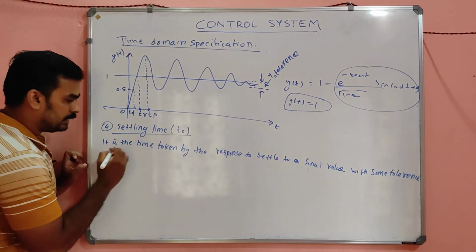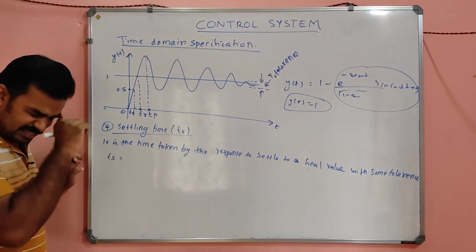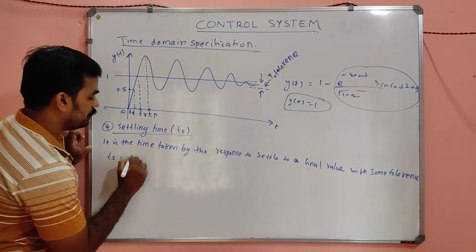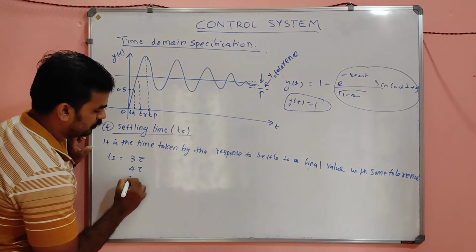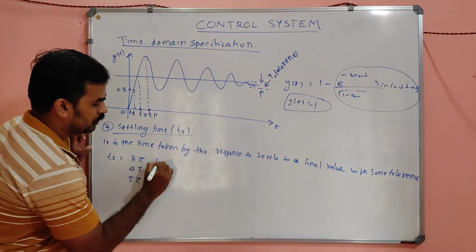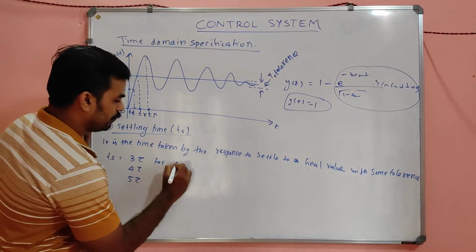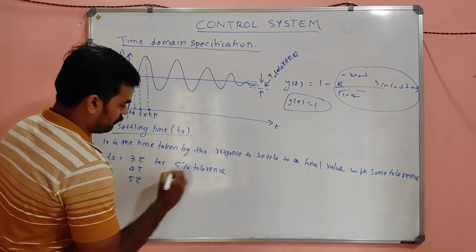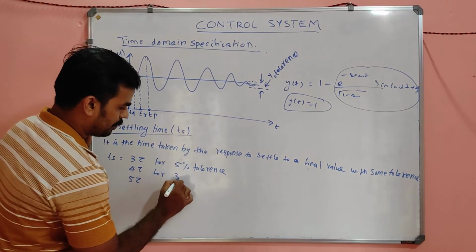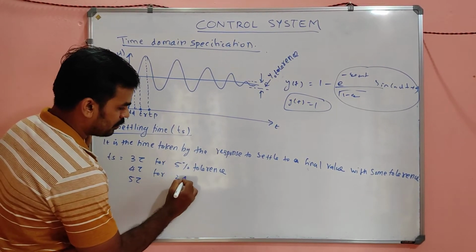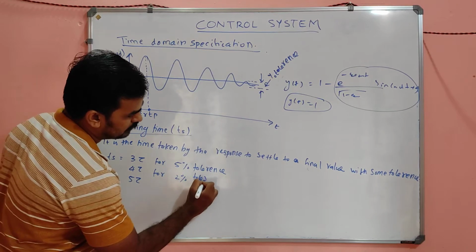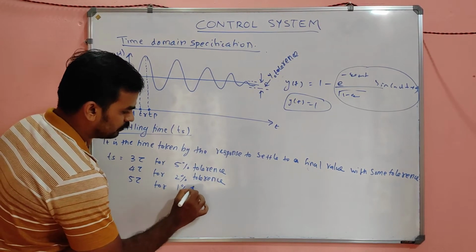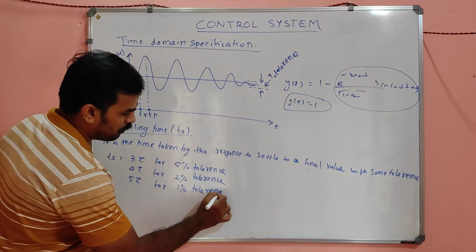So the settling time equation TS will be equal to 3 tau, 4 tau and 5 tau for 5% tolerance, 2% tolerance, and 1%.